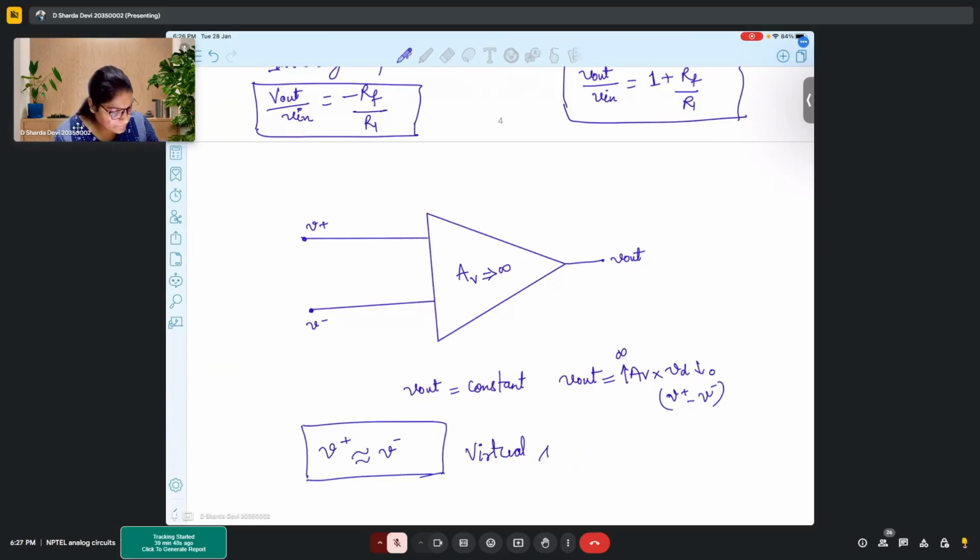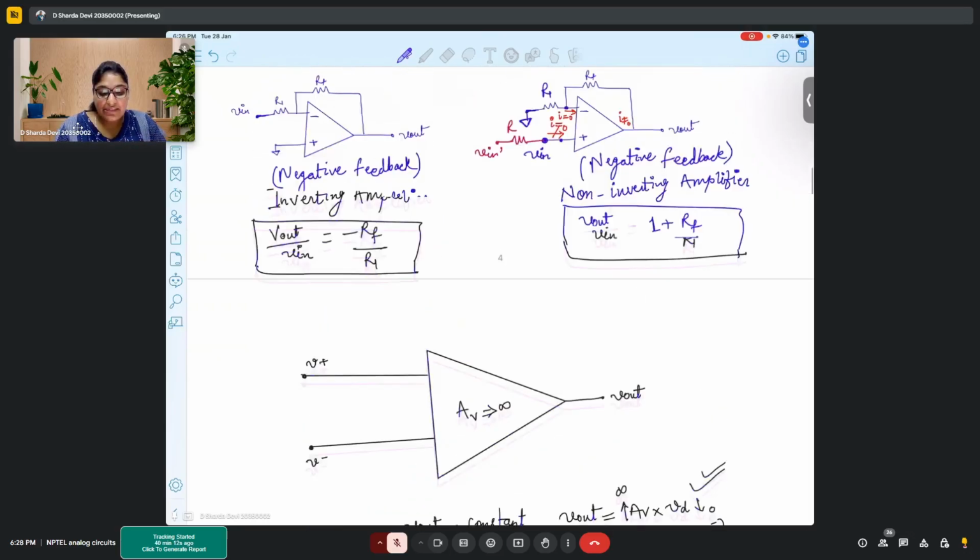So they are not practically short. These two points are not connected through a wire to each other. But due to this particular situation, these voltages are pulled together, so they are almost constant.